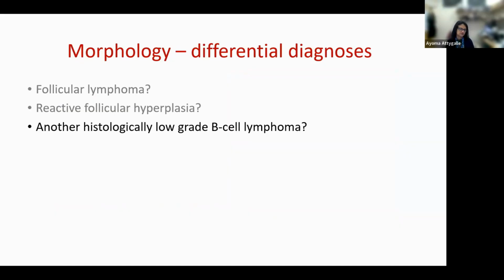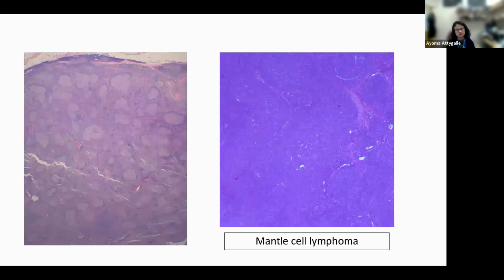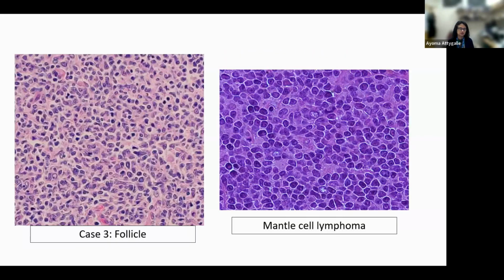So now we are moving away from a reactive follicular hyperplasia to a lymphoma. But what about another histologically low-grade B-cell lymphoma? Let's keep comparing. On the left-hand side is our case, and on the right-hand side is a mantle cell lymphoma. Not the case that you saw, but another mantle cell lymphoma. You can see a uniform population of cells. This is an FDC here.